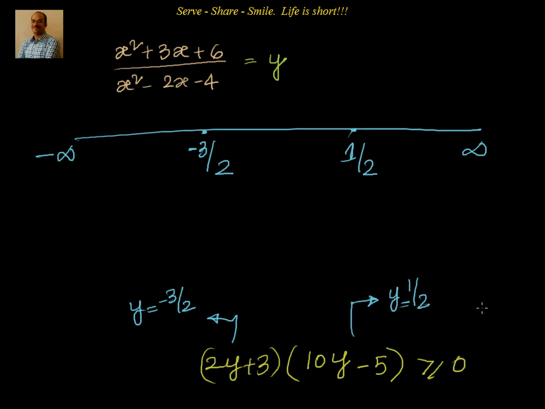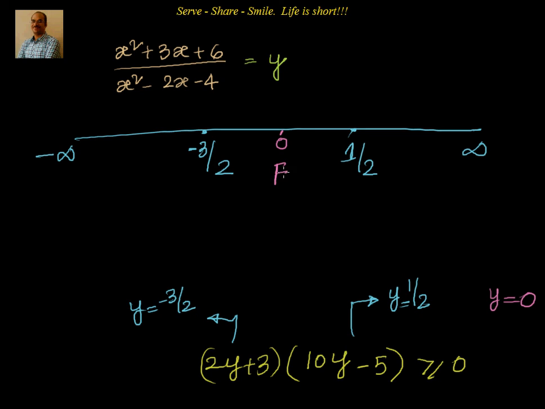Now always, as usual, we check for where y equal to 0. If I put y equal to 0, I have 2y plus 3, that is nothing but 3, into minus 5, that is minus 15, greater than or equal to 0, which is wrong. So where we have 0, that section is wrong. 0 is here somewhere in the middle.